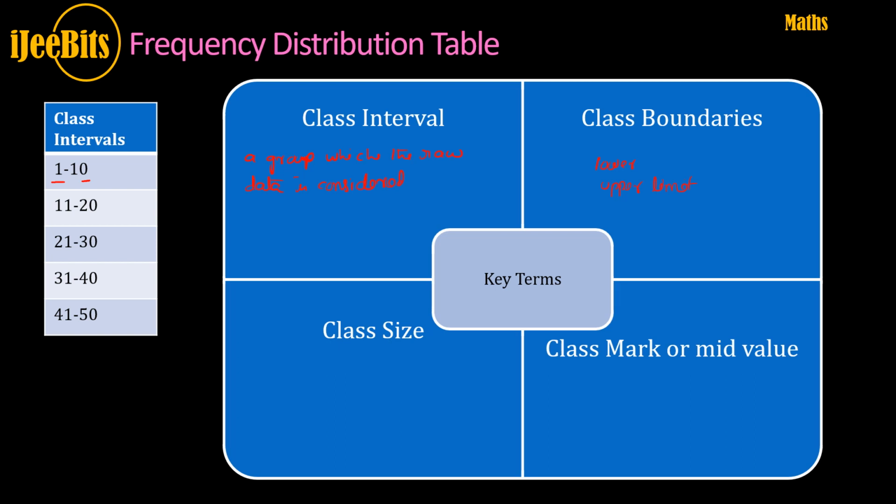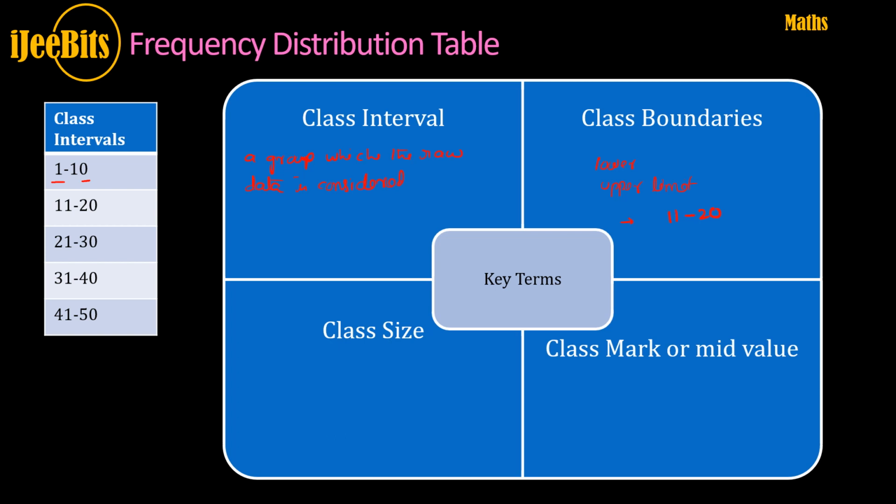We have two topics here to discuss, inclusive and exclusive form, right? Exclusive means you are only considering, let's say, the 11 to 20 class. That means when you say exclusive, you are only considering 11 and 20 in between.